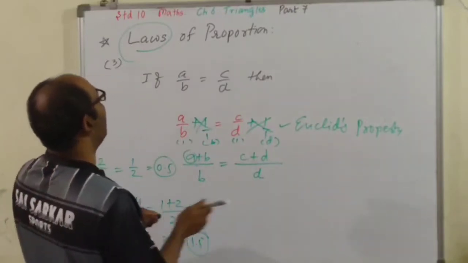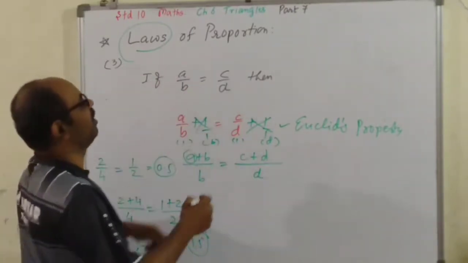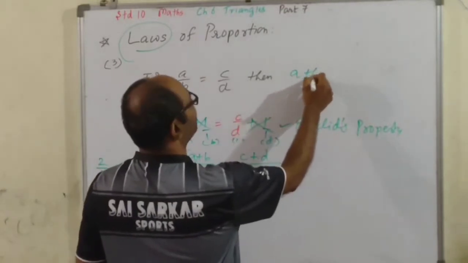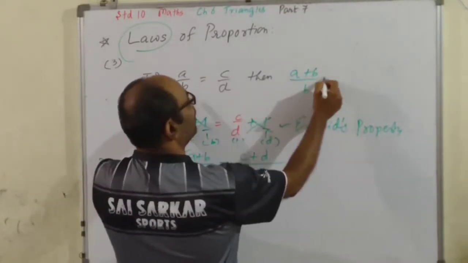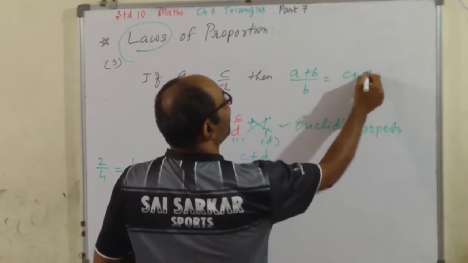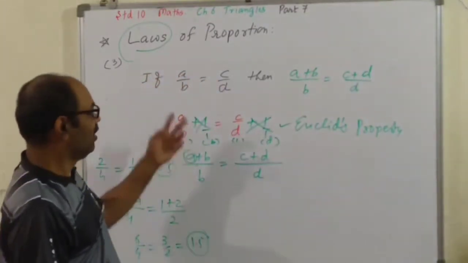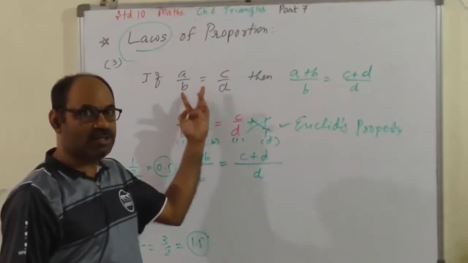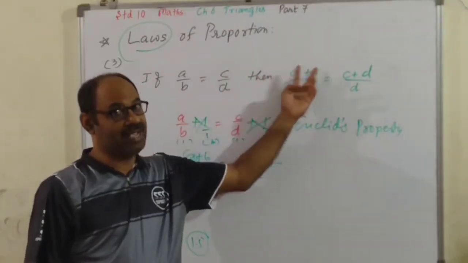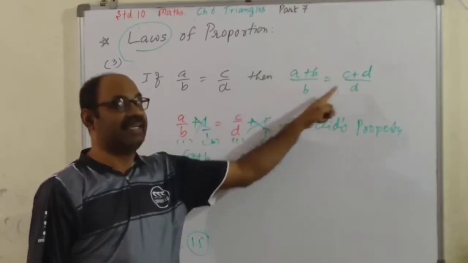Okay. So then, if A upon B is equal to C upon D, then A plus B upon B is equal to C plus D upon D. Children, of the first two ratios and the new two ratios, the denominators are retained.